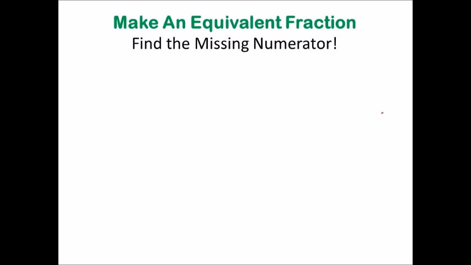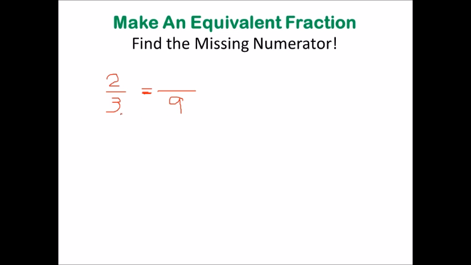Okay, let us try to find the missing numerator. So what if you have 2/3 which is equal to this fraction, and the numerator is missing? What should you do? You can have 9 divided by 3, which is 3.